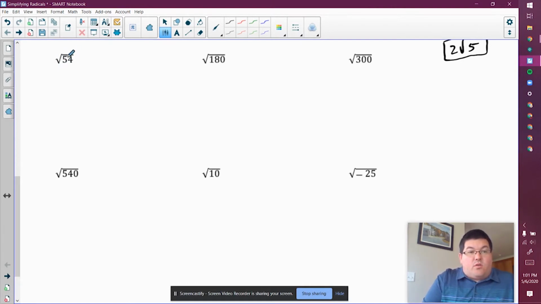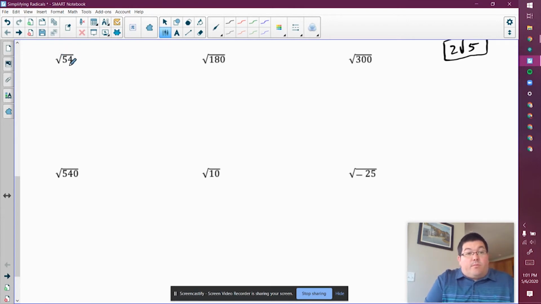What perfect square exists inside 54 as a factor? Well, let's think about factors of 54. Again, we're really interested in perfect square factors. So the simplest way to do this would be to look at the chart we just created at the top of our page and think about perfect squares that are smaller than 54 and whether any of those fit.